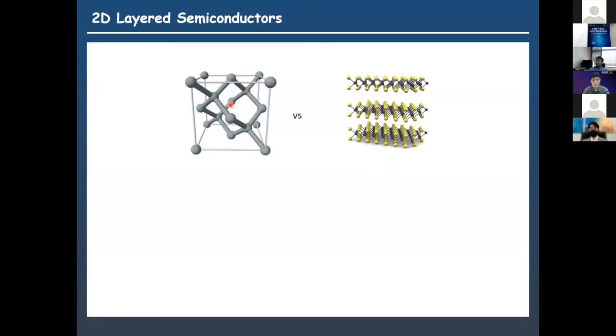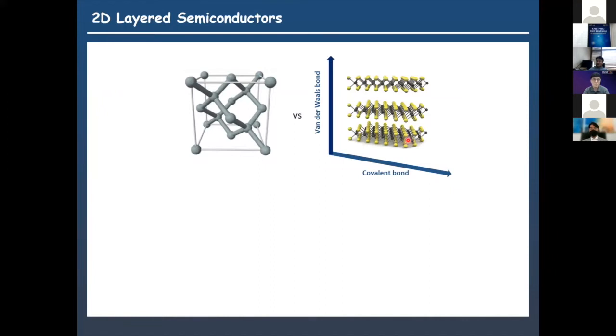Okay, so the layered semiconductors have been studied a lot due to their unique crystal structure. Unlike conventional semiconductors such as silicon, the layered semiconductor literally has a lateral crystal structure where the out-of-plane direction has van der Waals bonds and the in-plane direction has covalent bonds.